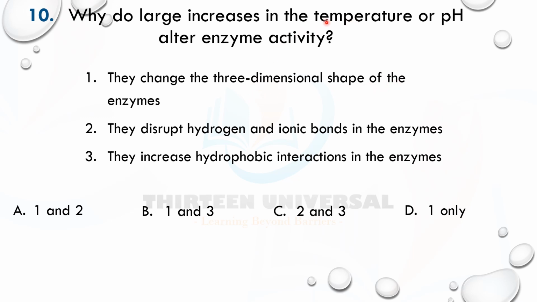Anytime there's increased temperature it breaks hydrogen bonds, and both increase in temperature and pH break hydrogen bonds. Hydrogen bonds help to hold the tertiary structure of an enzyme, which is the active site. pH breaks ionic bonds, which are also part of maintaining the active site.